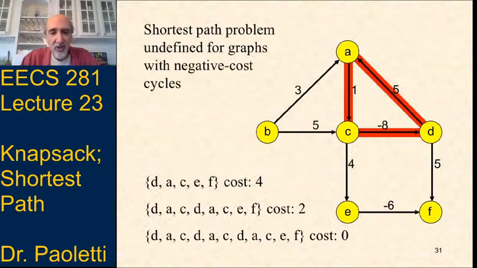Now, in general, the shortest path problem is undefined for graphs with negative cost cycles.